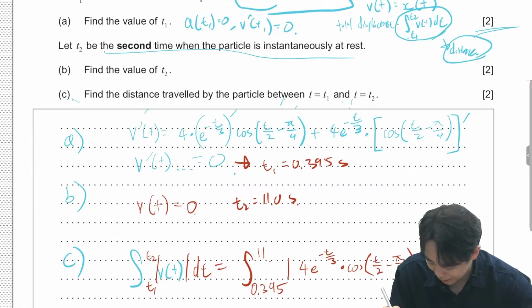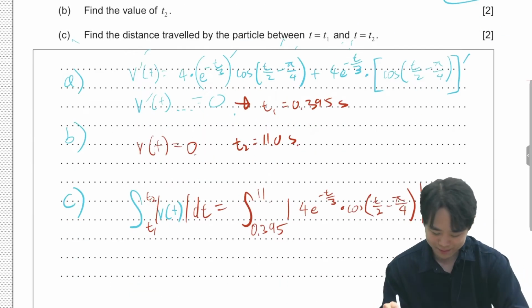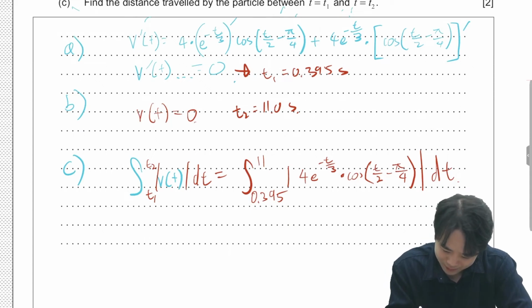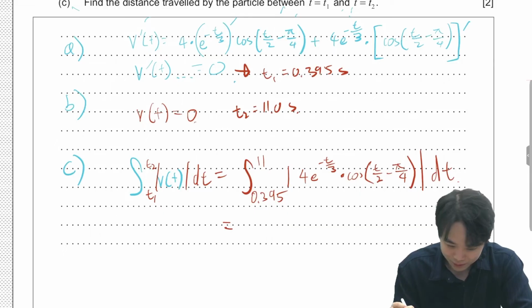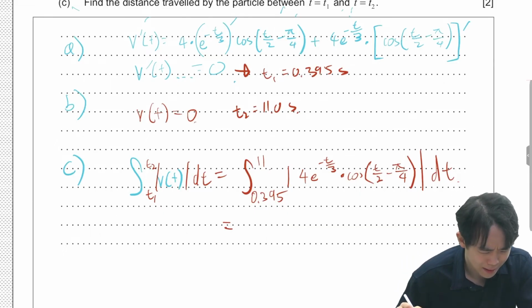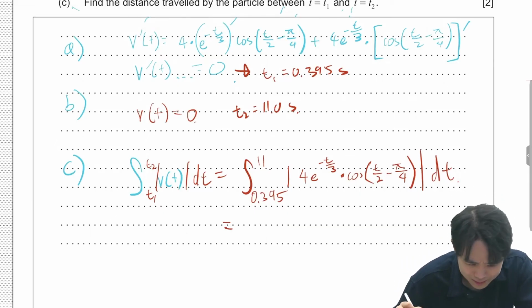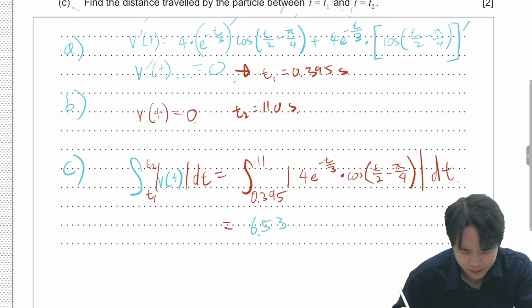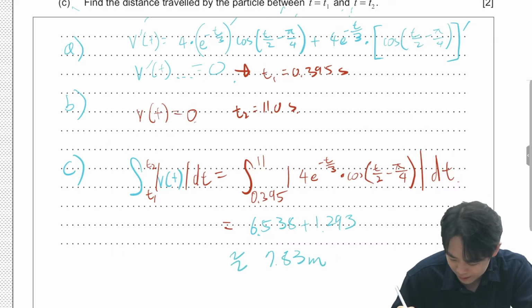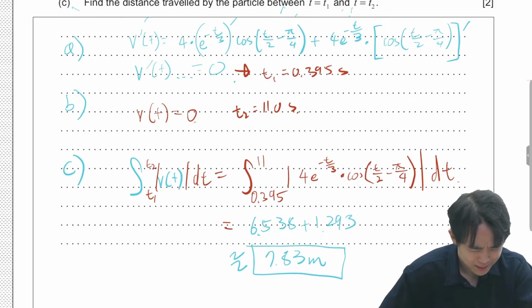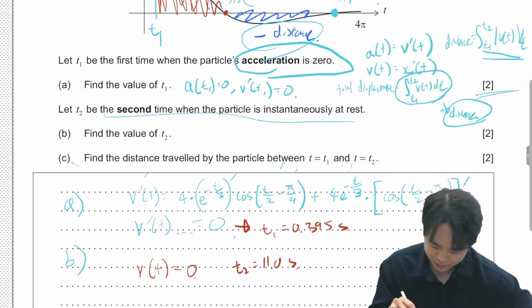I'm sure on the actual calculator things are a bit smoother, but on this app there seem to be some issues with dragging. So I'm just going to write this here and solve for it. If you do that, we should get something along the lines of 6.538 plus 1.293. So that adds up to 7.83 meters as distance. So that's how you do it.